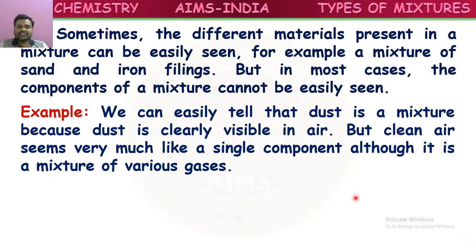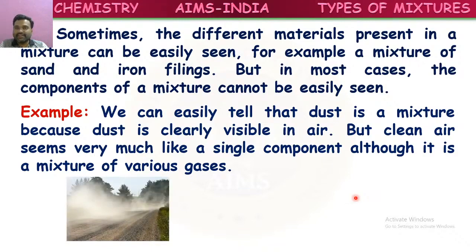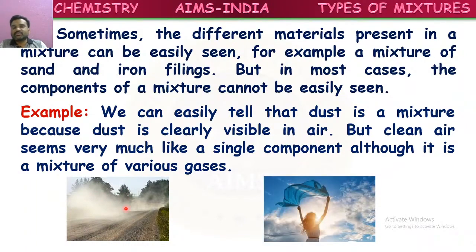For example, we can easily tell that dust is a mixture because dust is clearly visible in air. See here, dust is clearly visible in the air. So we can say this dust is a mixture. But clean air seems very much like a single component, although it is a mixture of various gases. Yes, air seems like a single component, pure air.